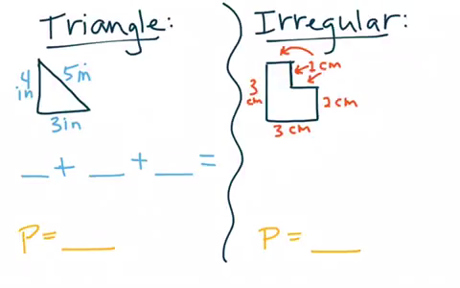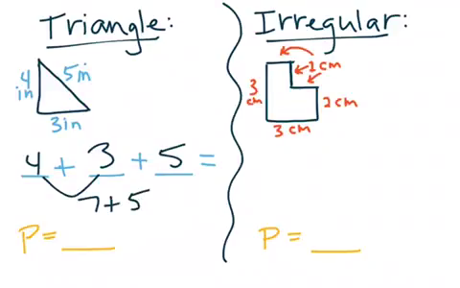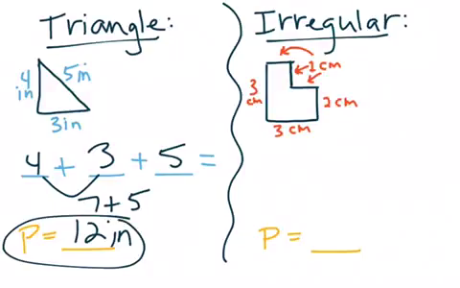So we're going to add 4 plus 3 plus 5. 4 plus 3 is 7. And 7 plus 5 is 12. So we would have 12 inches. So the perimeter of that triangle is 12 inches.